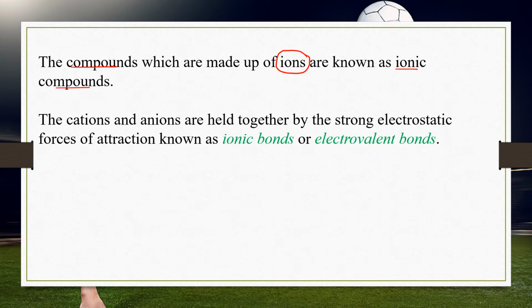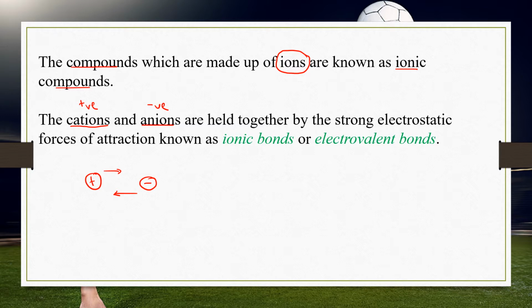In our previous video, formation of ions from atoms, we had a look at cations, and we said these are positively charged particles, while anions are negatively charged particles. Whenever you have two opposite charges, there will always be a force created between the two, and this force will be an attraction force.